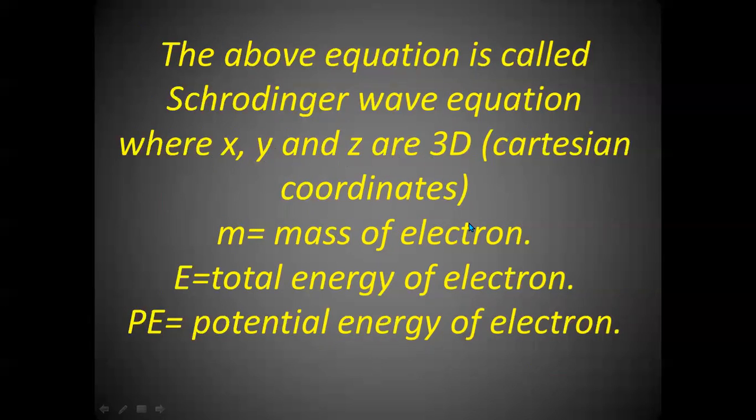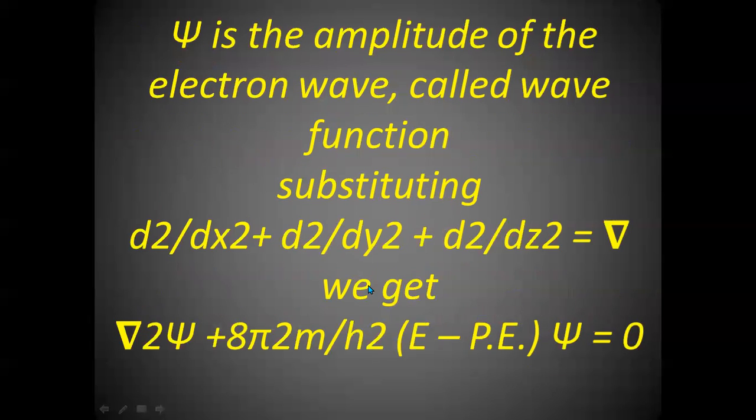And m is the mass of the electron, E is the total energy of the electron, and PE is the potential energy of the electron. Psi is the amplitude of the electron wave, called the wave function. Now, because the electron can move in any direction, d square by dx square plus d square by dy square plus d square by dz square is taken as equal to this del.